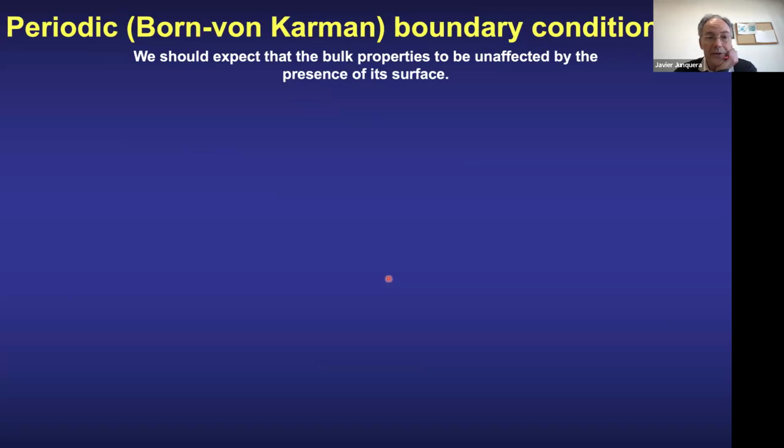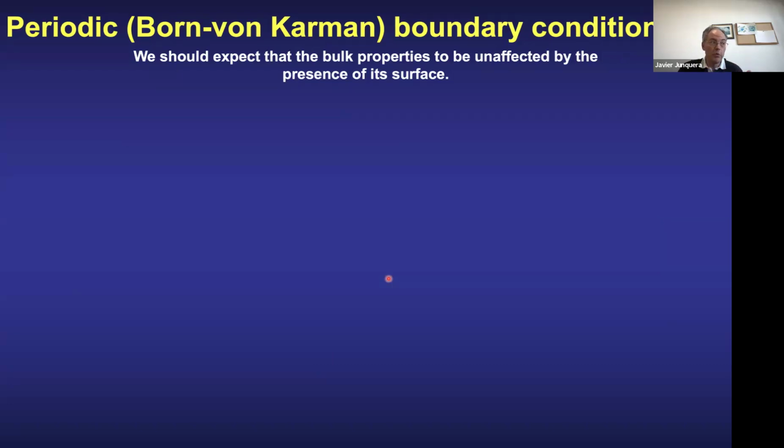Okay, so we can wonder if we can go one step further in our model. And in particular, here I'm going to introduce another concept, that is the concept of the periodic boundary conditions. And this is based on the fact that we should expect that the bulk properties of a given system should be unaffected by the presence of the surface.